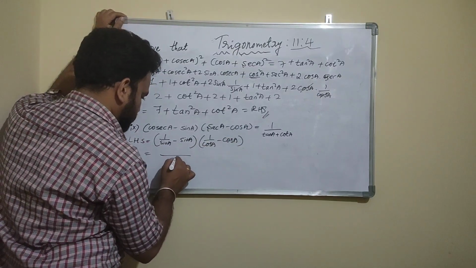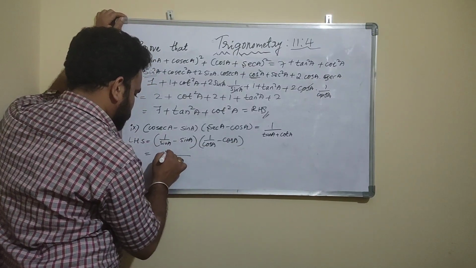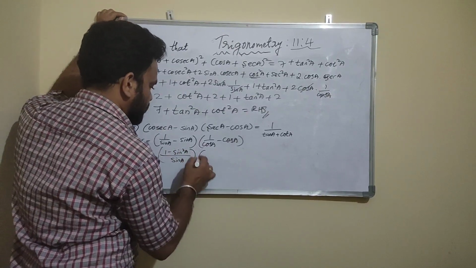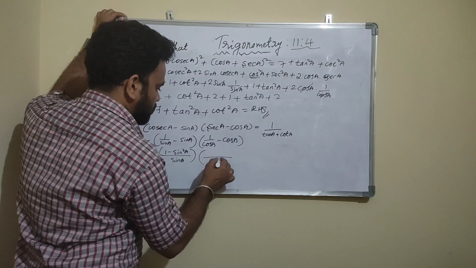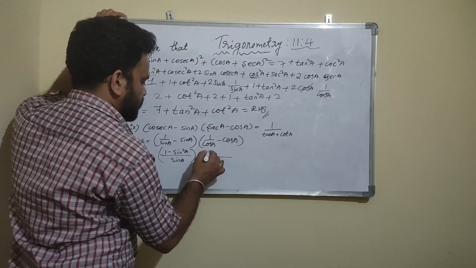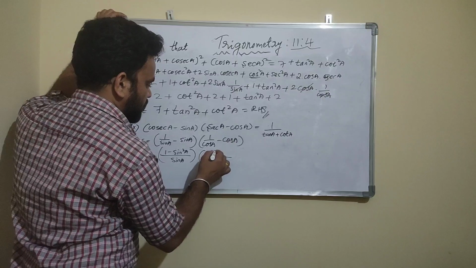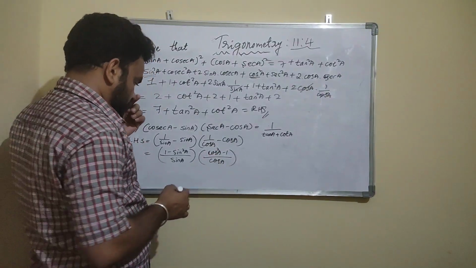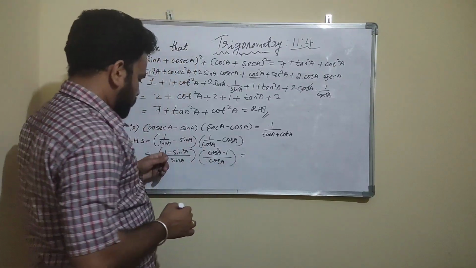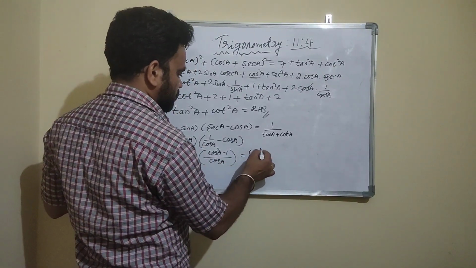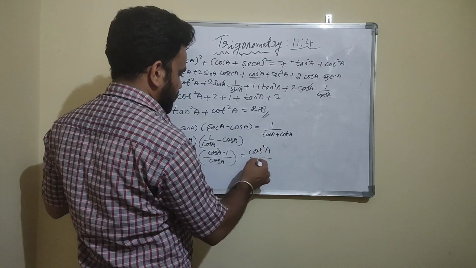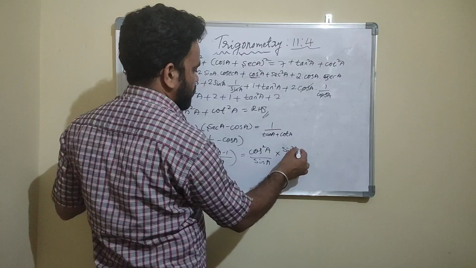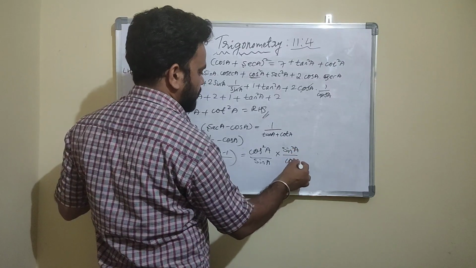LCM is sin a, in the numerator 1 minus sin square a. Here also same, LCM is cos a. The remaining is 1 minus cos square a. The formula we got here is 1 minus sin square a is cos square a. Cos square a by sin a into sin square a by cos a we will get.